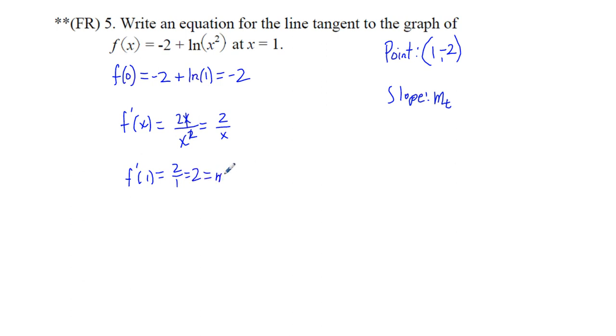And that's going to be our m sub t equals 2. And so 1 is going to be our x1, -2 is going to be our y1. So we can write our equation now. Y minus y1, which is y plus 2, equals 2 times x minus 1. So that's going to be our equation of that tangent line.